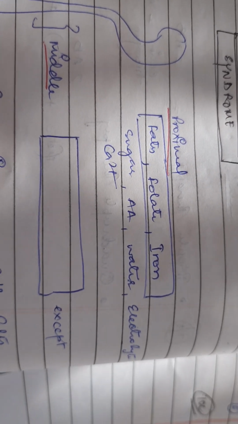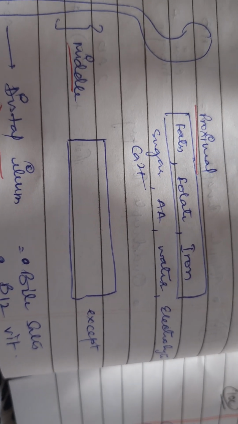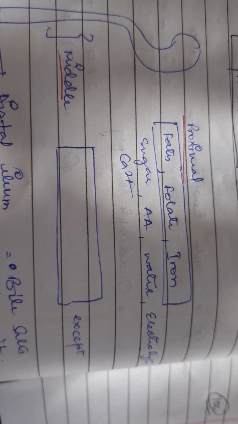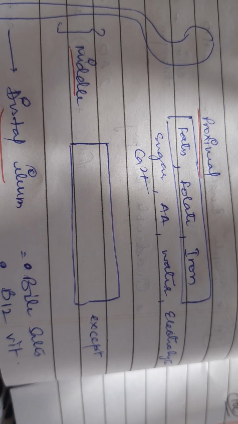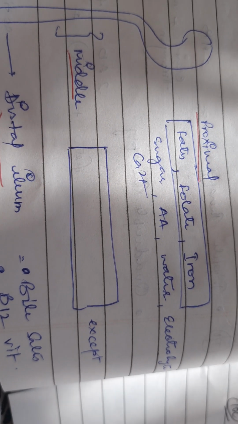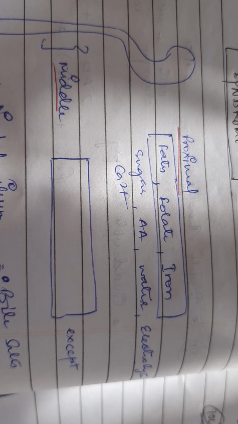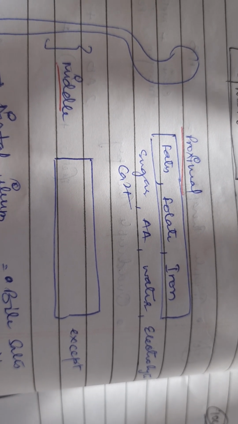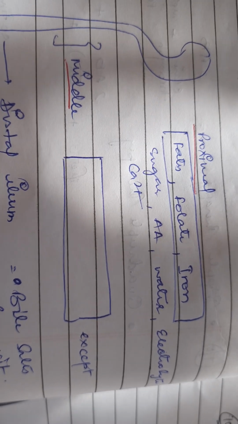In the middle, sugar, amino acids, water, electrolytes and calcium are absorbed. In the distal ileum, bile salts and vitamin B12 are absorbed.